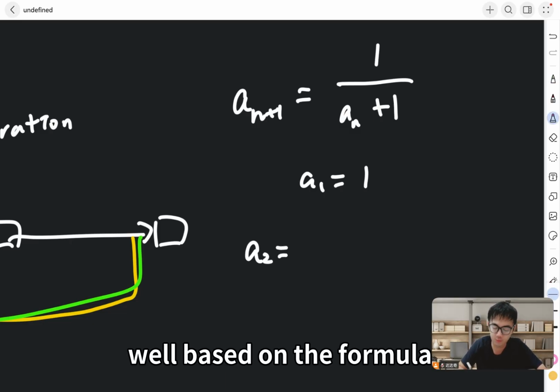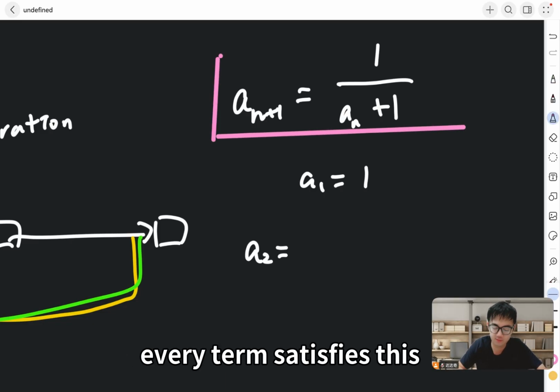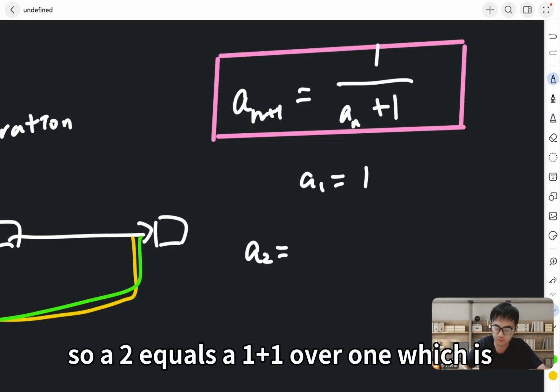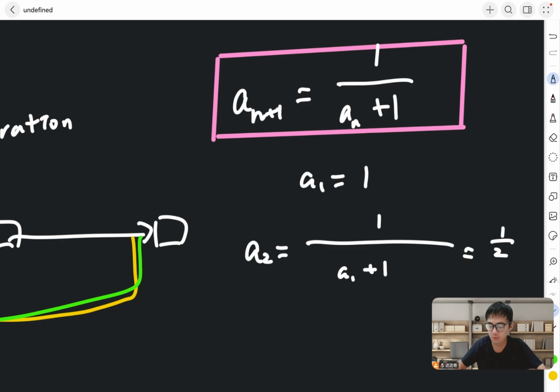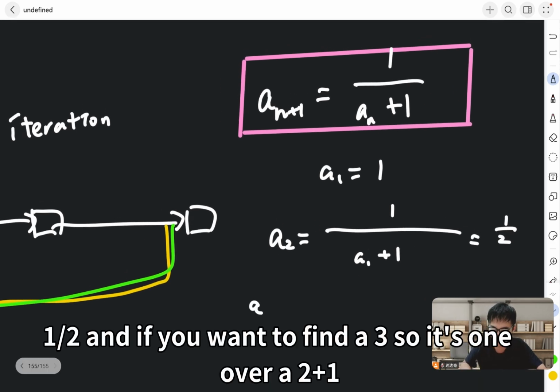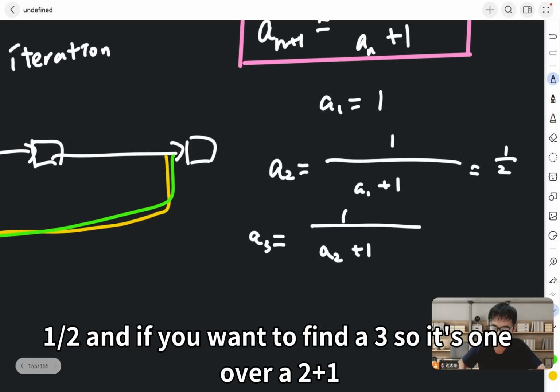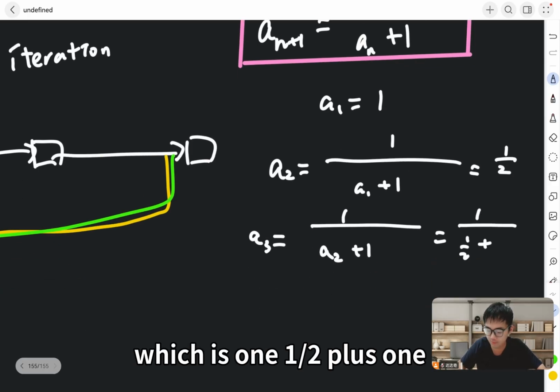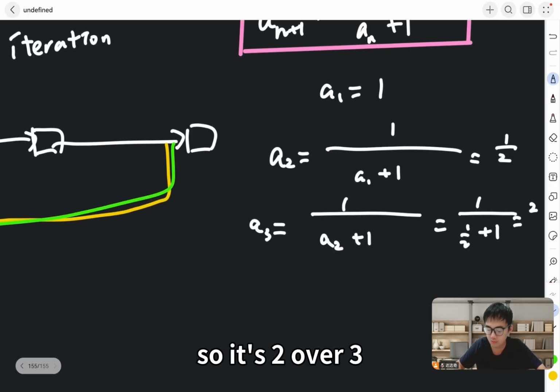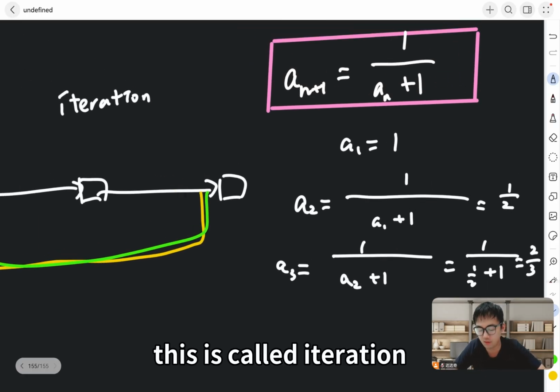Based on the formula, every term satisfies this. So a2 equals 1 over a1 plus 1, which is 1/2. And if you want to find a3, it's 1 over a2 plus 1, which is 1 over 1/2 plus 1, so it's 2 over 3.